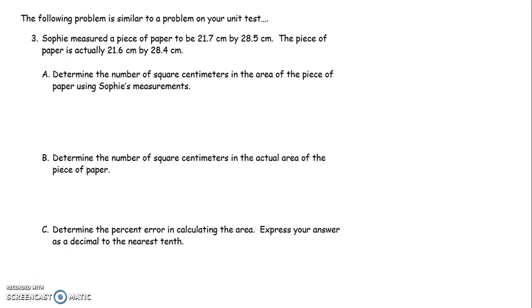Not a big deal, human error. It says determine the number of square centimeters in the area of the piece of paper using Sophie's measurements. So I'm just drawing out the piece of paper, and that's Sophie. Sophie believes that it's 21.7 centimeters by 28.5 centimeters.